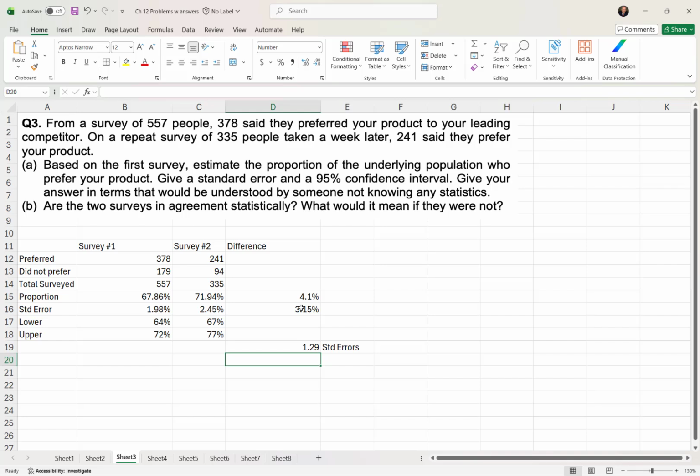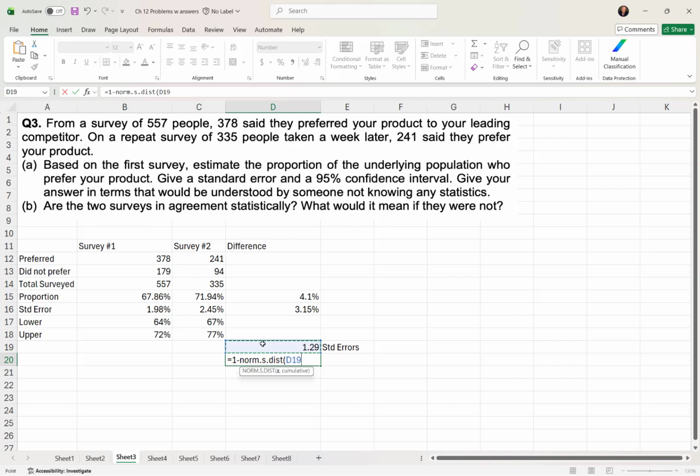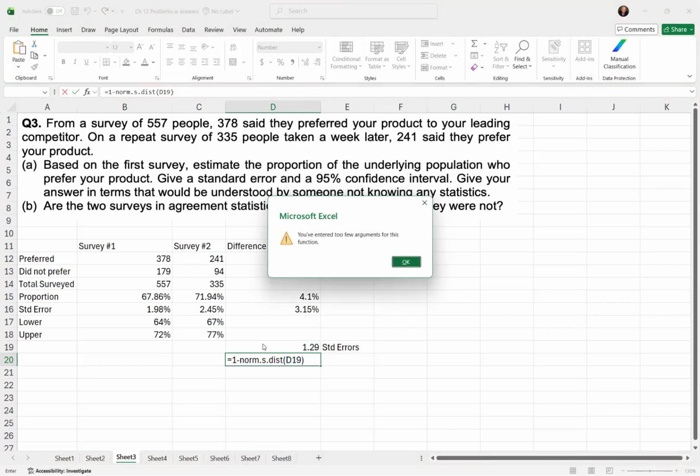The probability of observing such an increase by pure luck is, we need a p-value, equals 1 minus NORM.S.DIST of 1.29, close parenthesis. Oh, I forgot to put in cumulative.